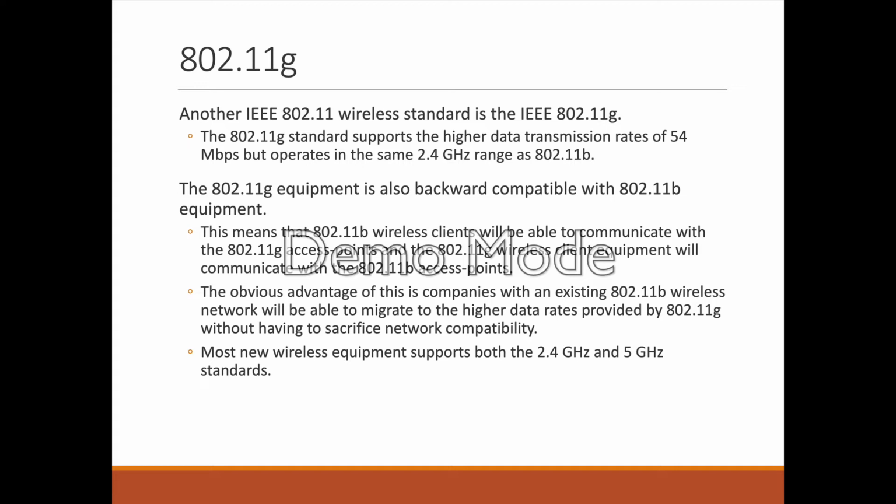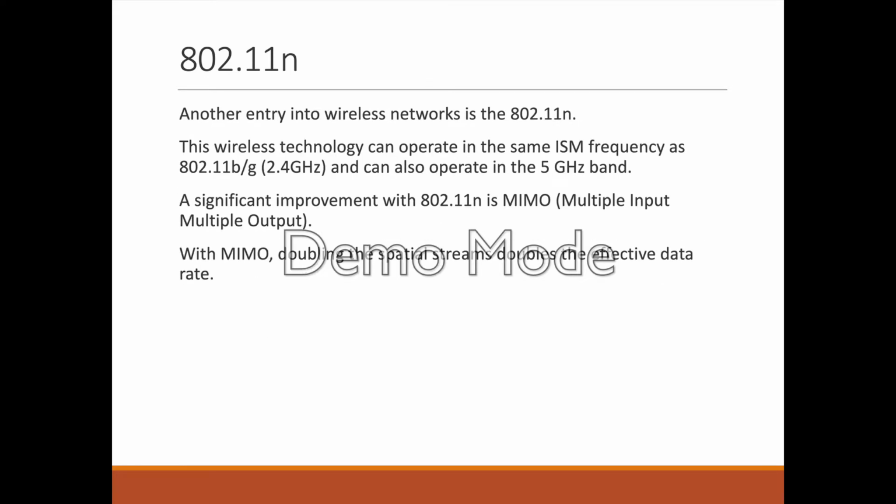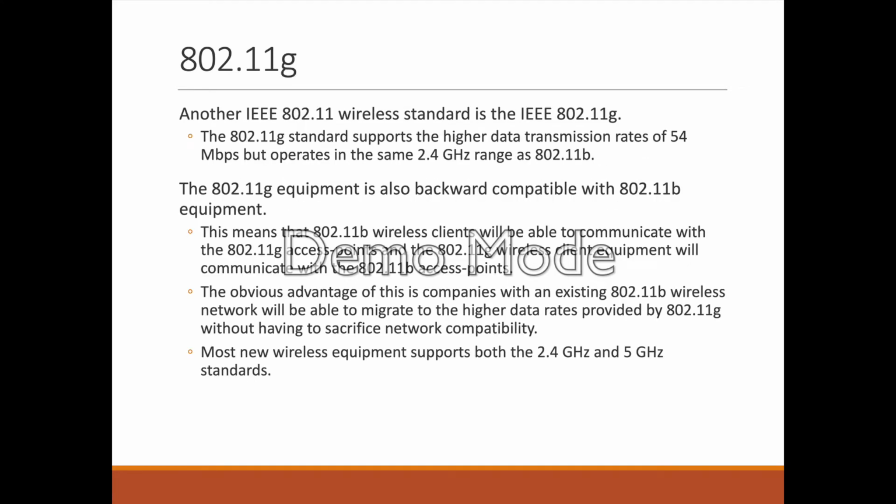But most new wireless equipment supports both 2.4 and 5 gigahertz standards. So there are some drawbacks with that. One of the drawbacks with the 2.4 and 5 gigahertz standards is some devices only support one or the other.